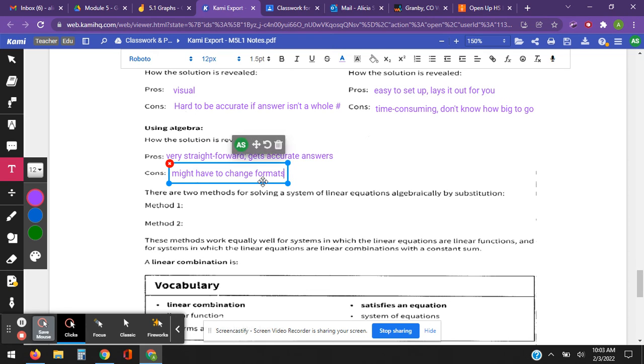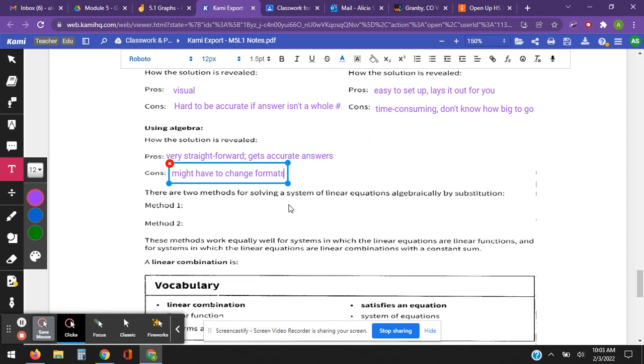So like the second one, we couldn't just do a y that put them equal to each other like we could on the first one. We had to rearrange them and then we had to make them equal to each other. So that one, you might have some extra steps involved. But it also is very, very straightforward in that it always can get that set up.